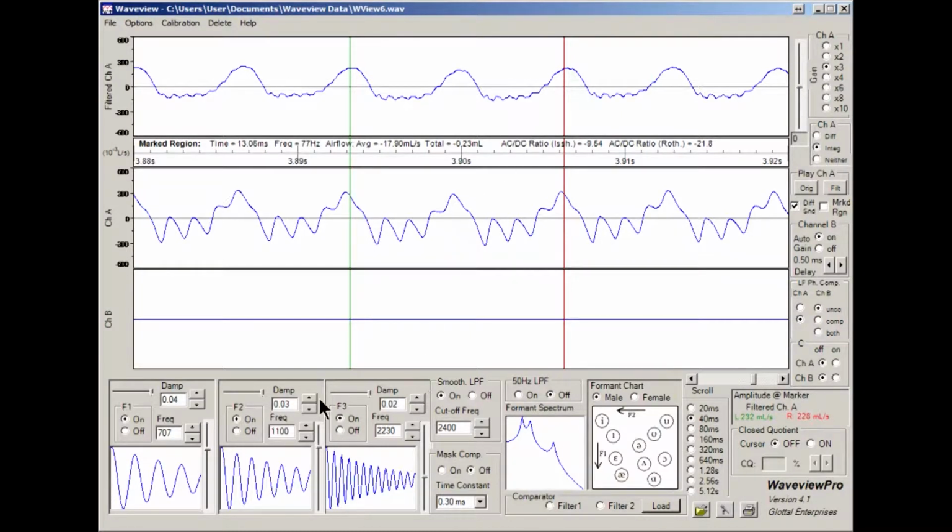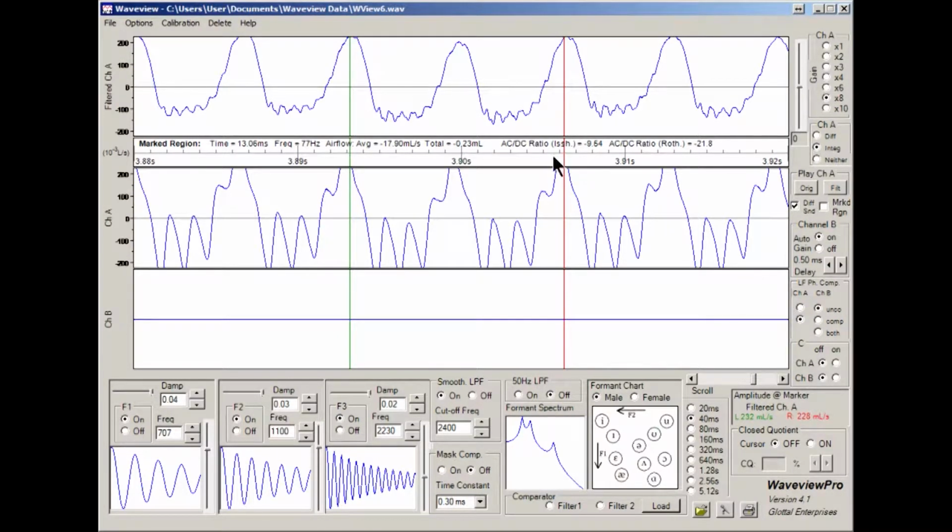So if we want to change the second formant, we can measure the frequency here again of the second formant, and there's a little bit of third formant in there. I could take it out by bringing down the low pass filter. There's the second formant.